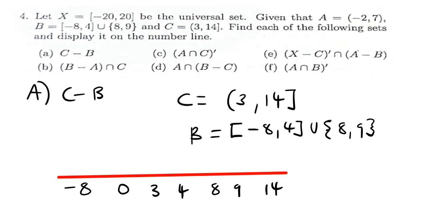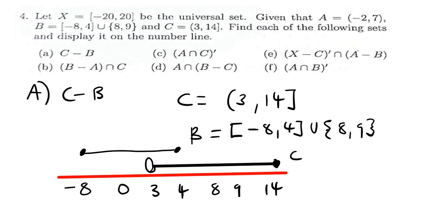Then C is from 3 to 14, going all the way to 14. 14 is closed, so I'm going to shade there, but 3 is open, so I'm going to leave it open there. That is our C. Then our B, we are moving from negative 8 all the way to 4.